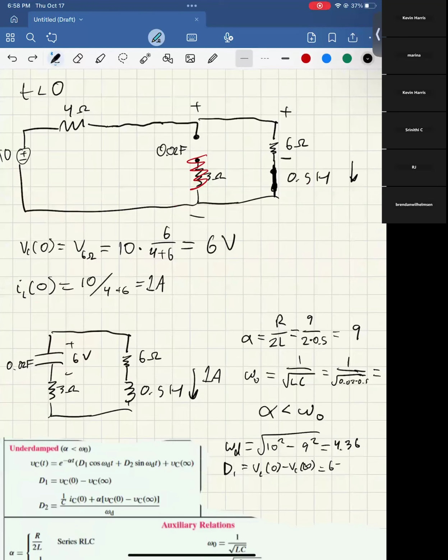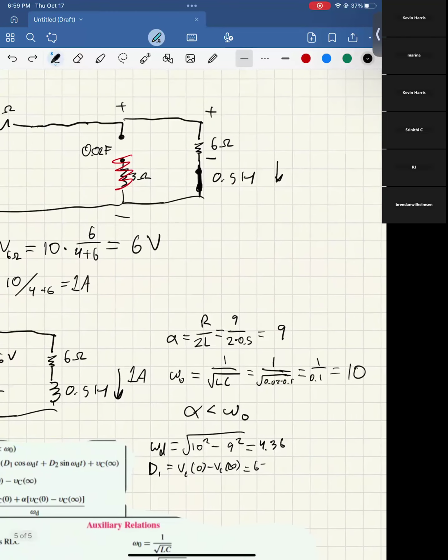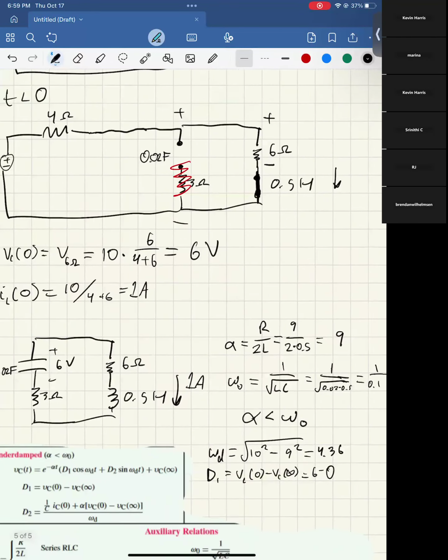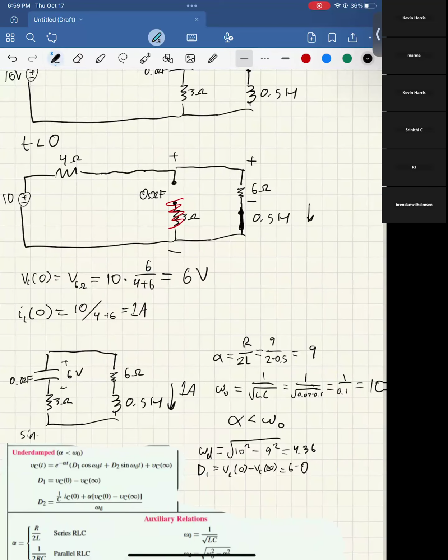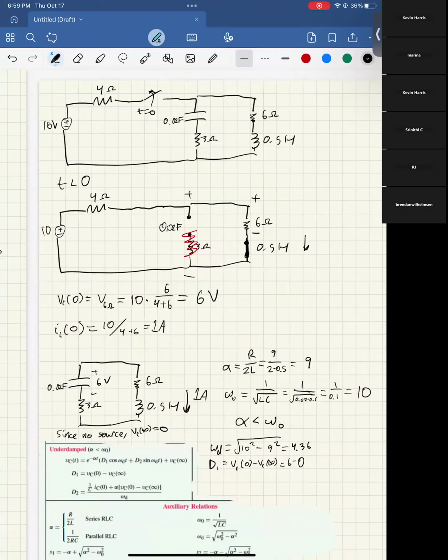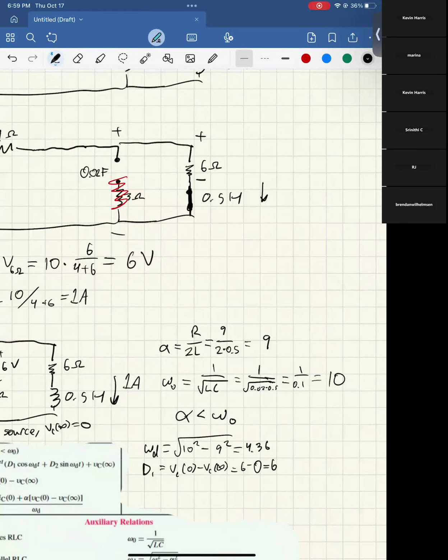In our case, similarly to a simple LR, LC, or RC circuit, if you just have a capacitor and a resistor, or an inductor and a resistor, the energy is all going to be dissipated through the resistor eventually. There's nothing adding energy back into the system. So here, our VC of infinity is going to be 0. I should have written that earlier. But here you can see, since there's no source, VC of infinity is 0. So our D1 is just going to be 6.